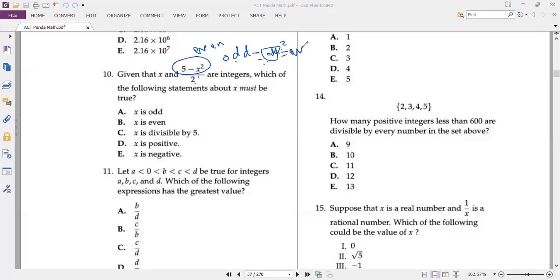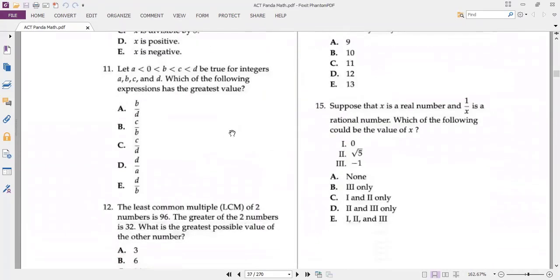You can check by some examples like we mentioned. 5 minus 3, 121 minus 5, still even. Odd minus odd is still even. Even divided by 2 can be an integer. Integers mean 1, 2, 3, 4, negative 1, negative 2, and so on. Answer is A. I hope you got the idea.